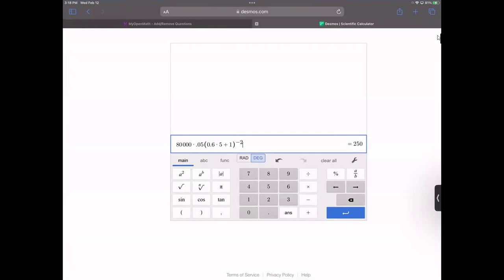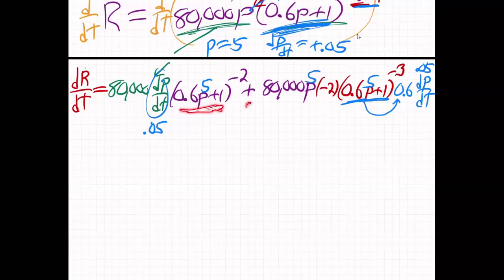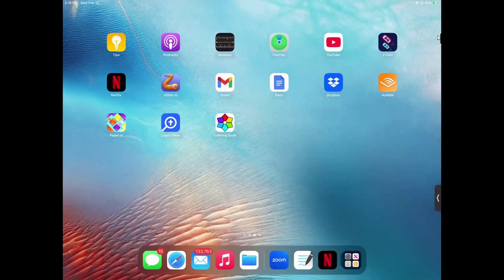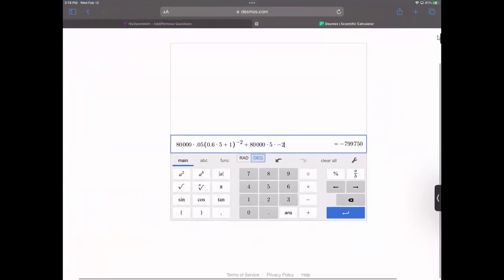Plus 80,000 times 5 times negative 2, then parentheses (0.6 times 5 plus 1) to the negative 3, times 0.6 times 0.05.